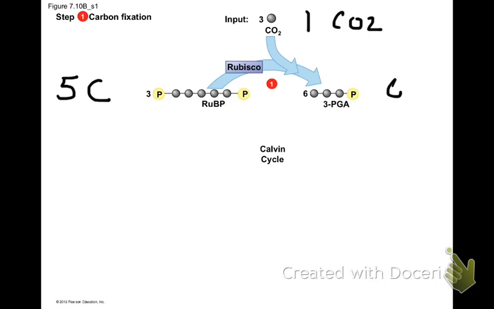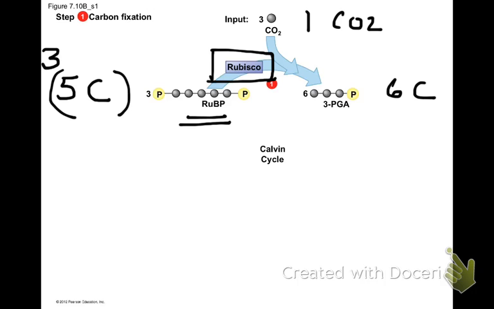I'll make a 6 carbon molecule, but it's not very clear, so I have 3 of these 5 carbon molecules. It is called ribulose bisphosphate, and the enzyme that puts together the carbon dioxide molecules is Rubisco. This is the world's most important protein.